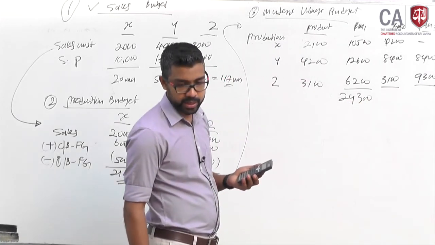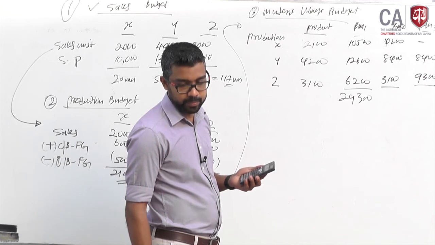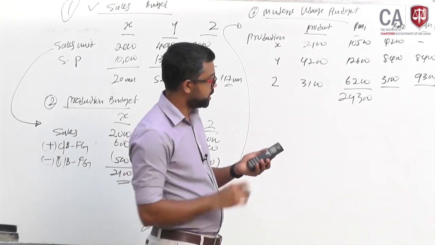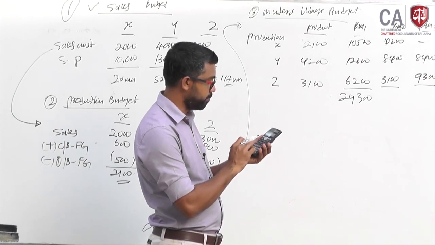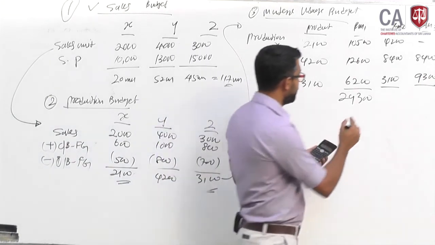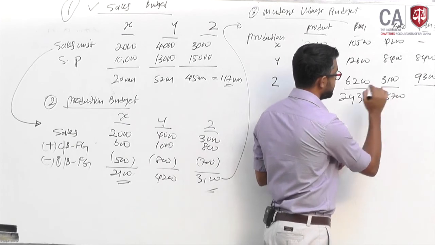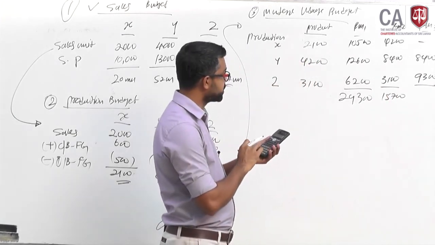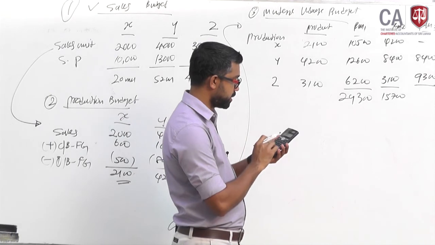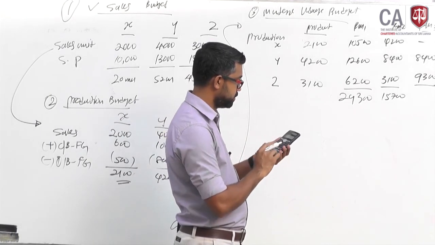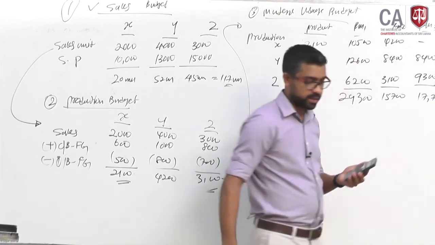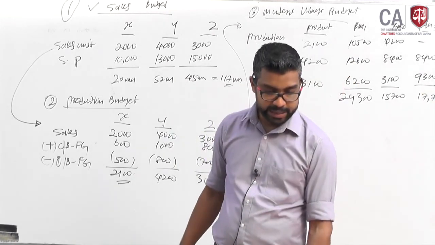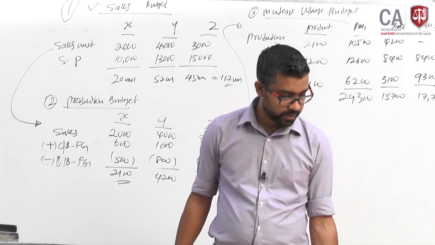Then 4,200 plus 8,400 plus 3,100, 15,700. 8,400 plus 9,300, 17,700. So this is the material usage budget.